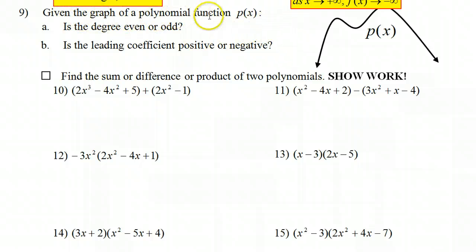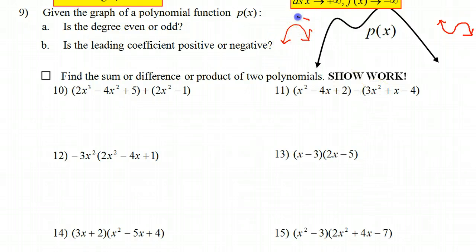Given the graph of this polynomial function, is the degree even or odd? I can tell whether the degree is even or odd based on the end behavior. Does it have the end behavior of a parabola, or does it have the end behavior of a cubic function?